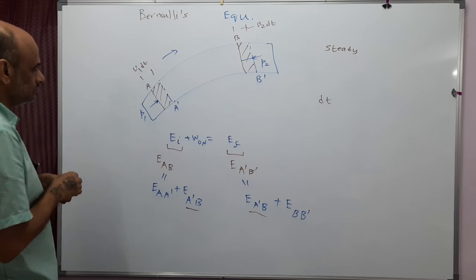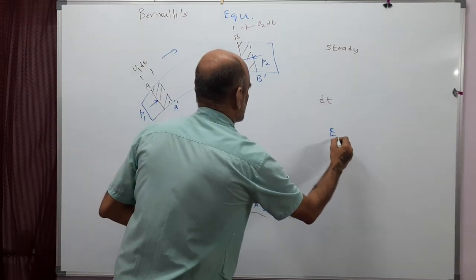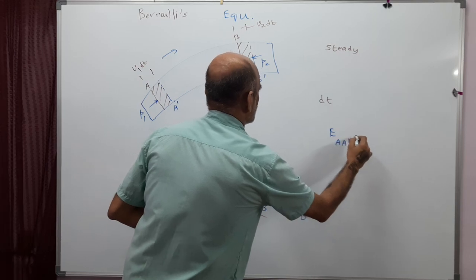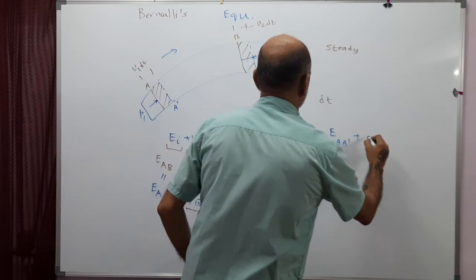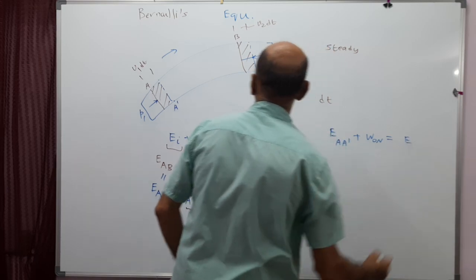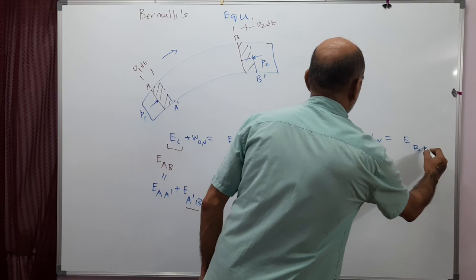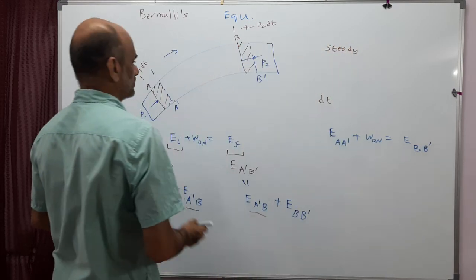Here it is v1. So the energy of the liquid in A prime plus the work done on the liquid equals the energy of the liquid in the region B prime.